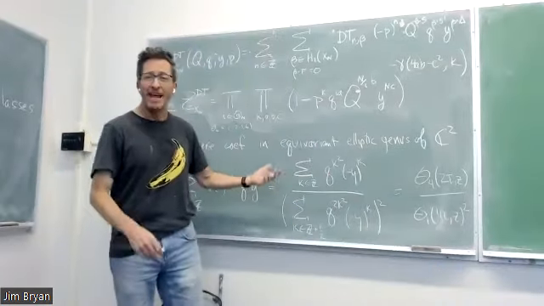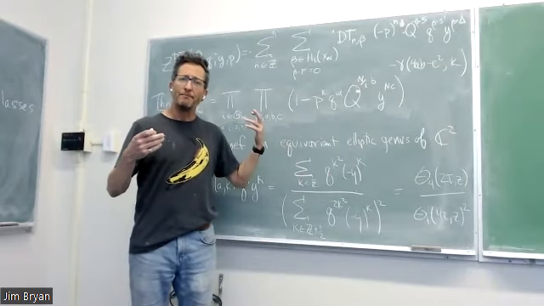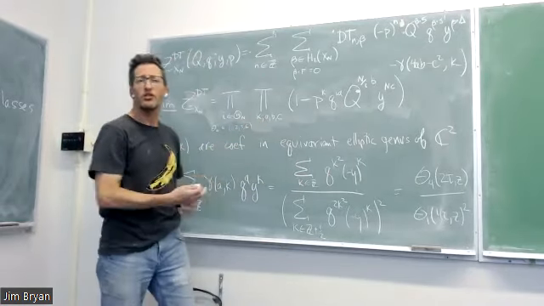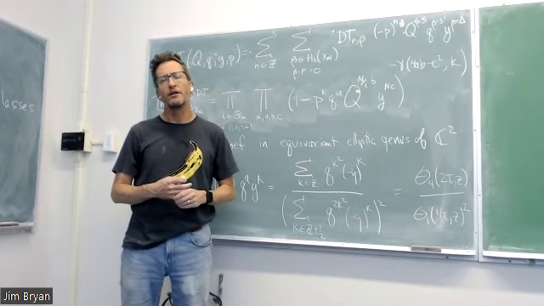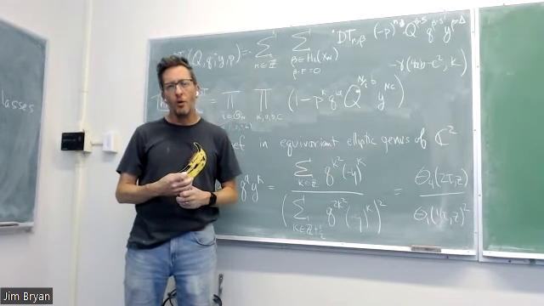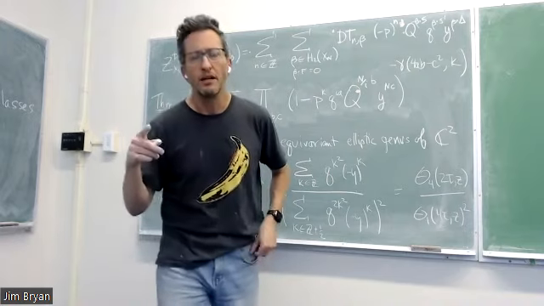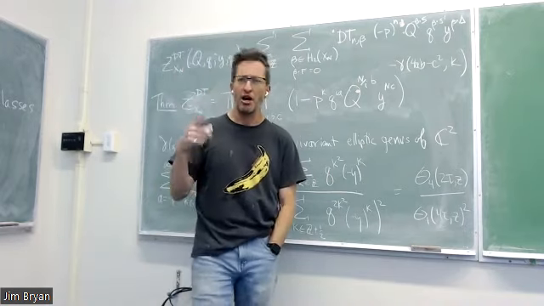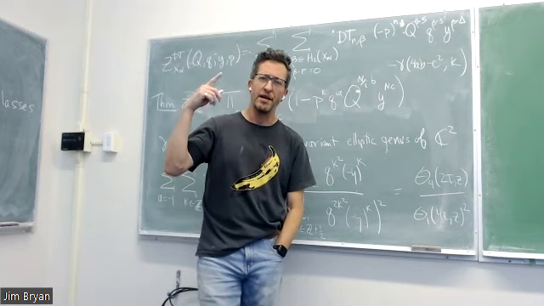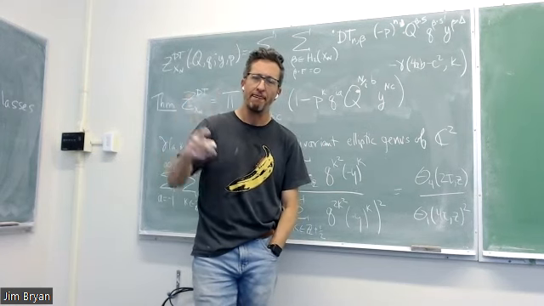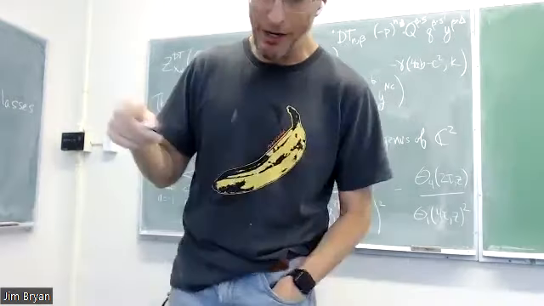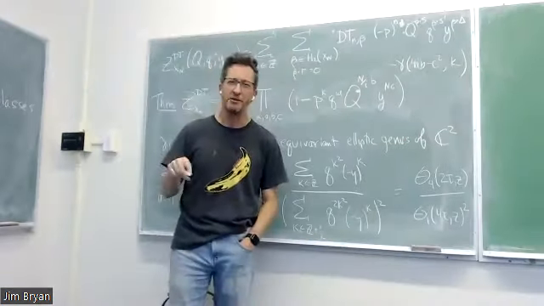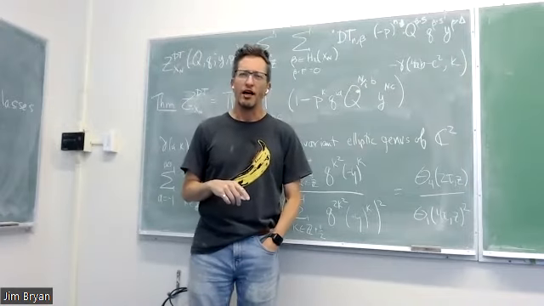The punchline is that you can use this formula to compute the genus g Gromov-Witten invariants, and you can prove that they are Siegel modular forms for a very particular congruence subgroup called the paramodular group, inside the arithmetic group associated to Siegel forms, the symplectic group.